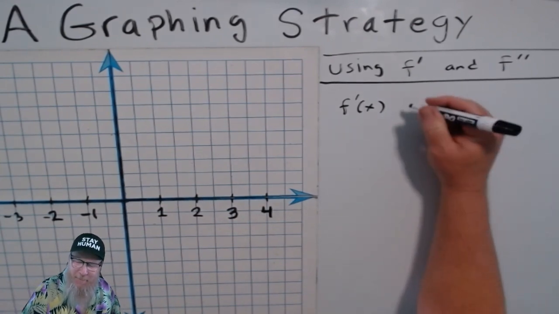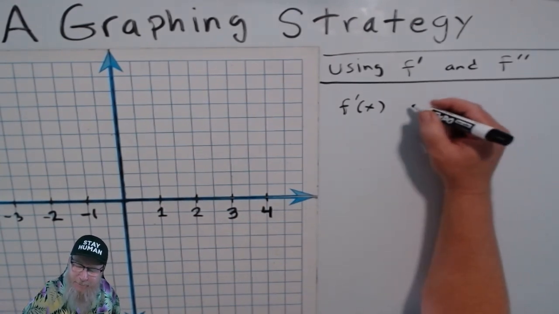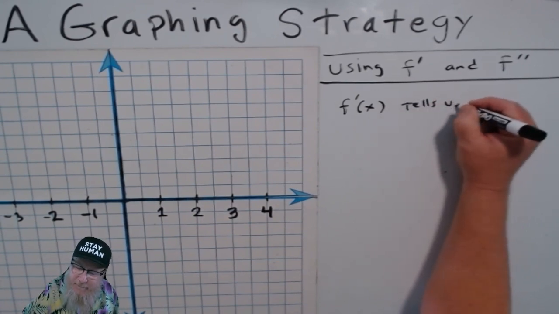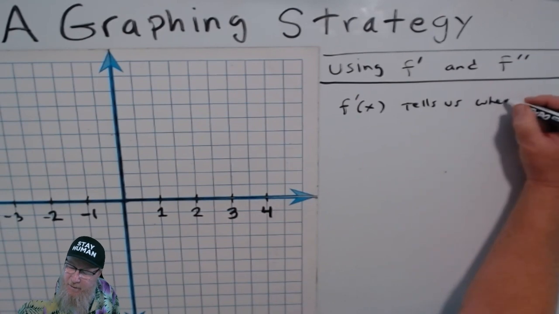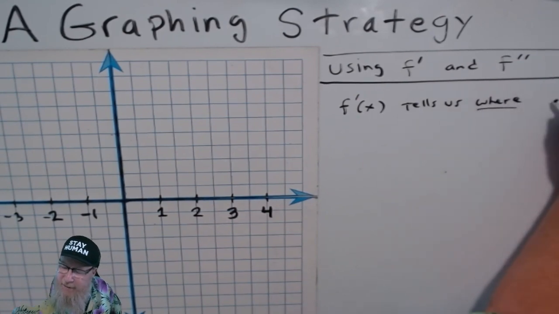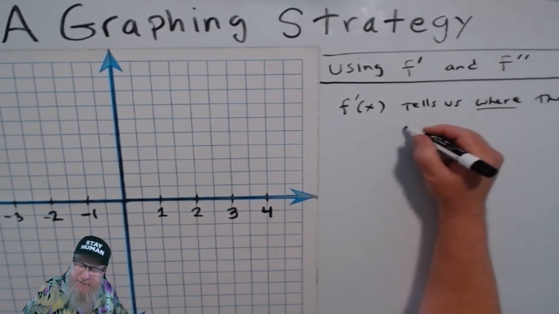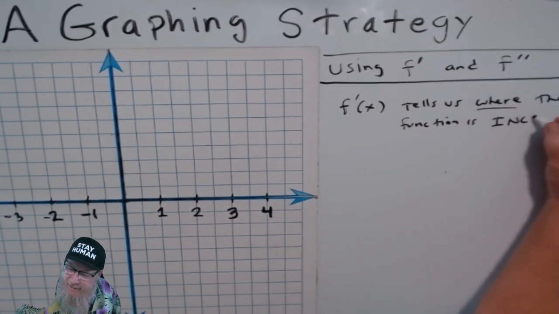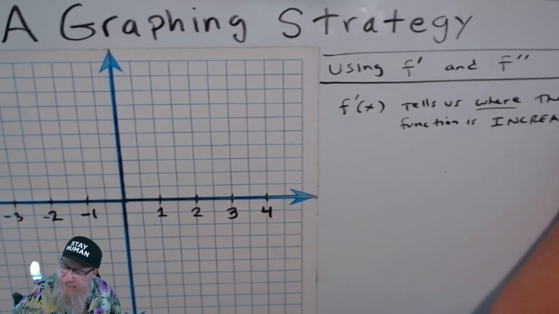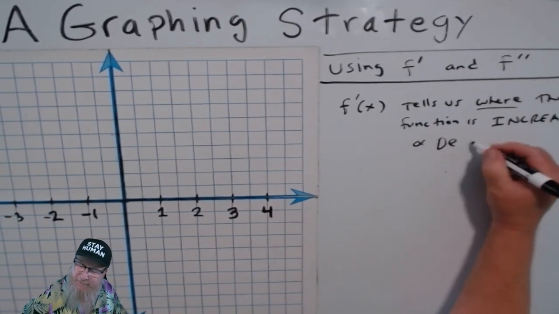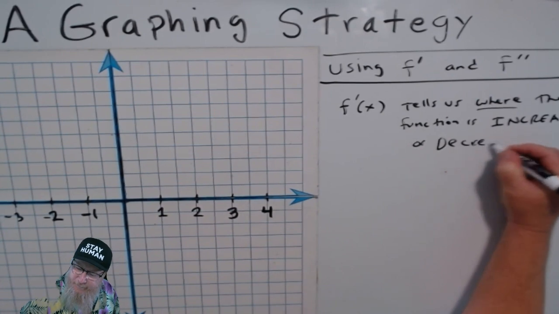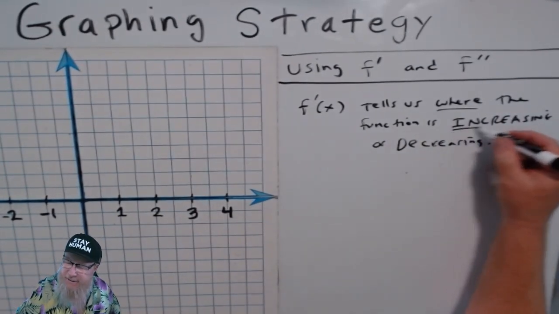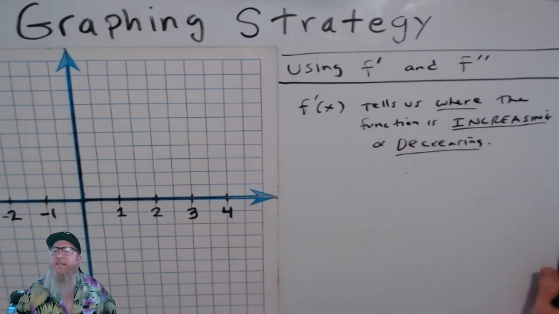So f prime of x tells us where the function is increasing or decreasing, based on its sign.